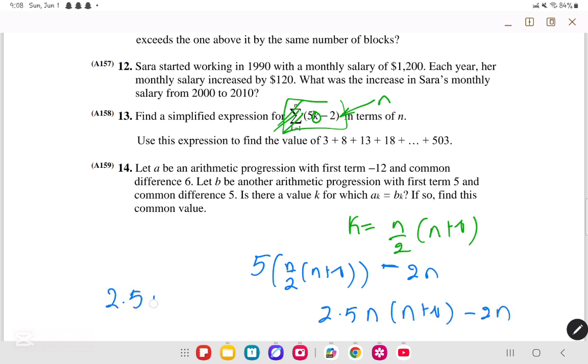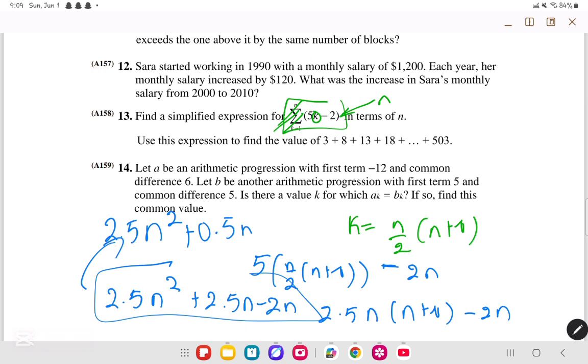So 2.5n squared plus 2.5n minus 2n, to get the final answer of 2.5n squared plus 0.5n. Okay, after solving this, you will get this answer.